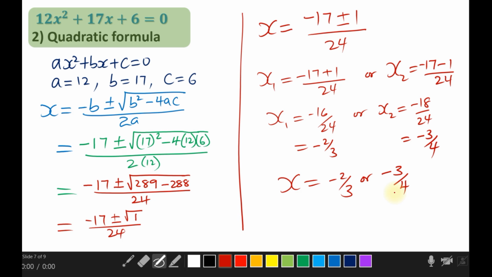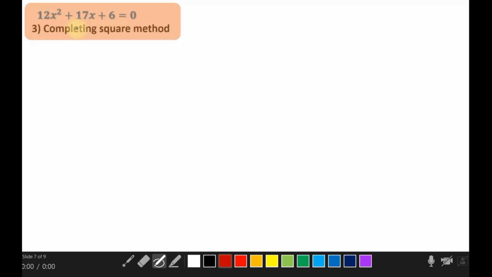And lastly, the other method is the completing the square method. For this case, remember this is of the form ax squared plus bx plus c is equal to 0. So when using the completing the square method, we need to make the coefficient of x squared to be 1.